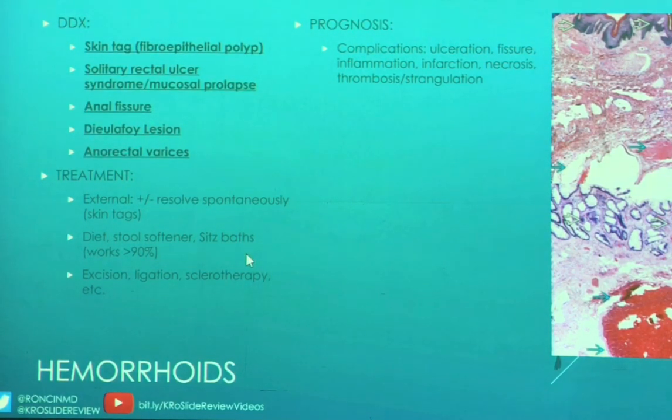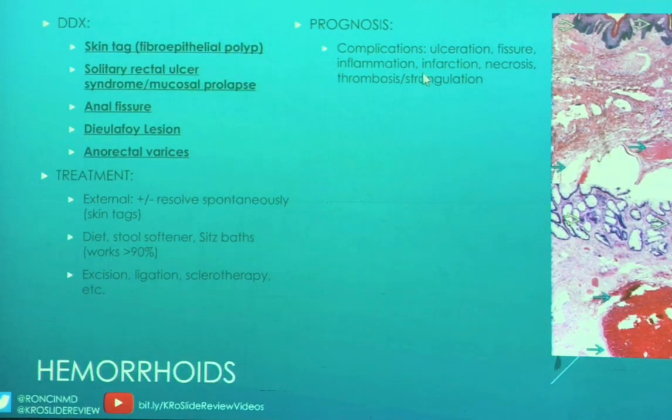I believe there's phototherapy, all sorts of things that they can do for hemorrhoids. If they're doing excision, closed hemorrhoidectomy, which means that they suture up the area, is far more effective than an open hemorrhoidectomy, but both are acceptable. Complications related to hemorrhoids: ulcerations or fissures.